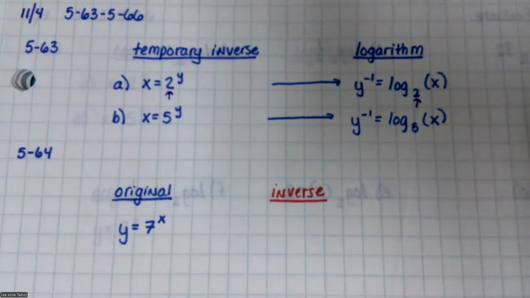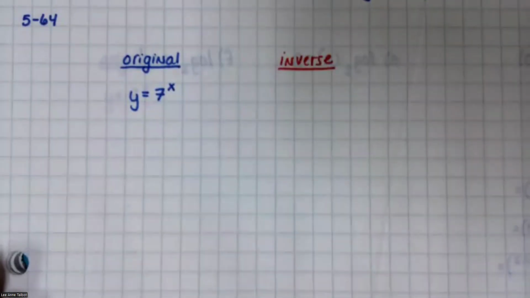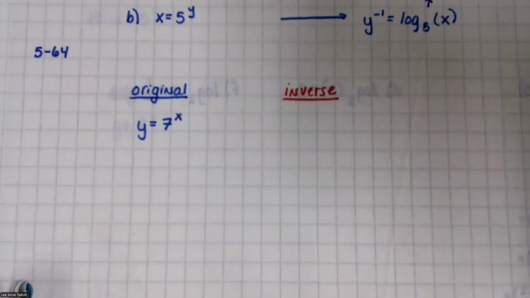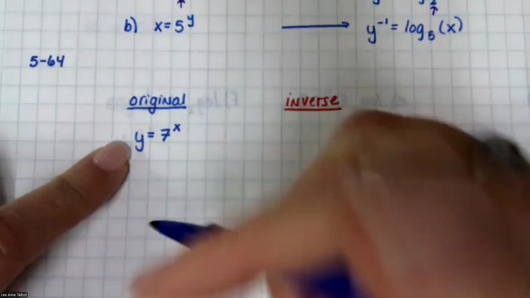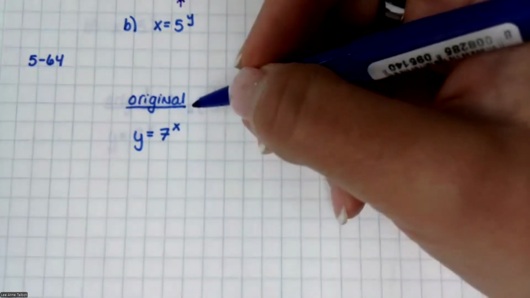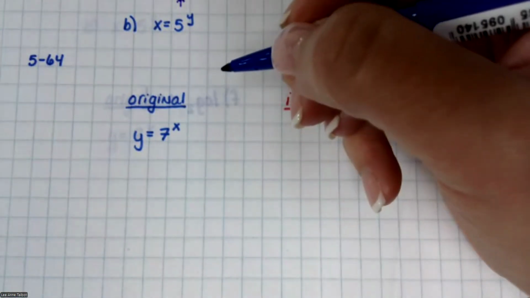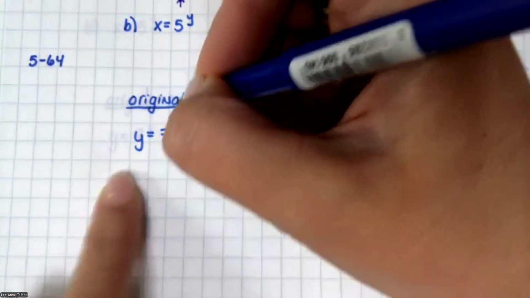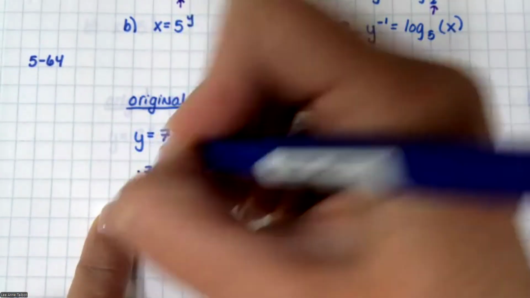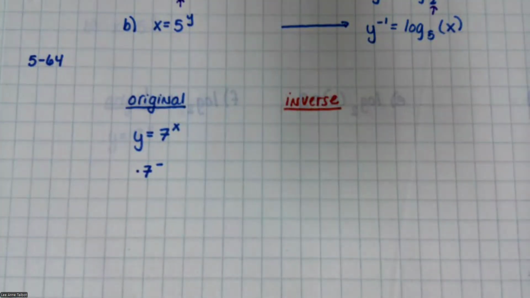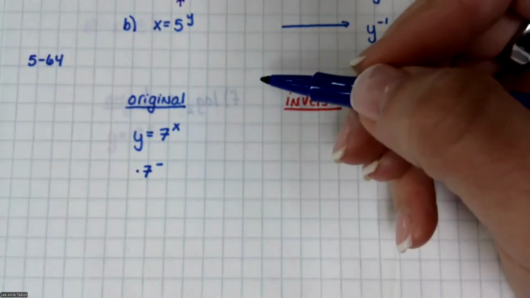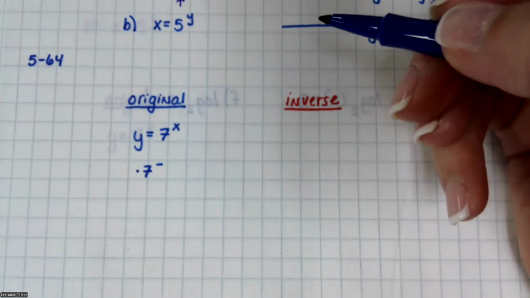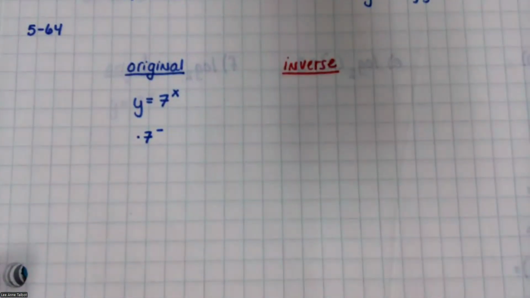Okay, so now we're going to practice a different one, and then we're going to graph this one on the graphing calculator. So 64. Here's my original. It's an exponential. And what we're going to do is start to think about the steps of it. So you guys remember all last week we were writing the steps and then writing the inverse steps. If I plug something in for x here, what I write is 7 to the. What's the first step that I do to x? 7 to it. Okay, and what would it look like?